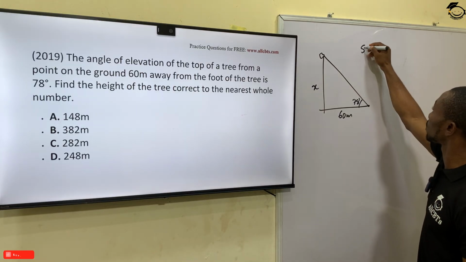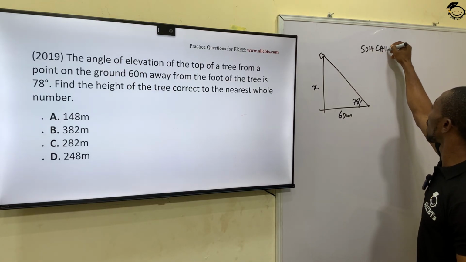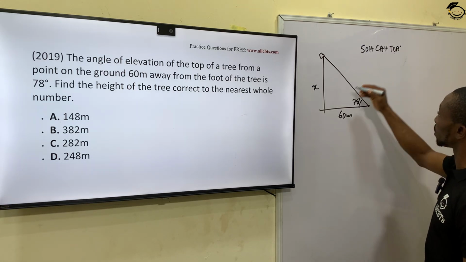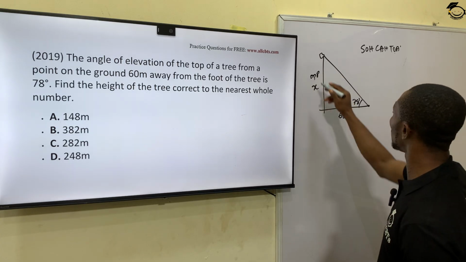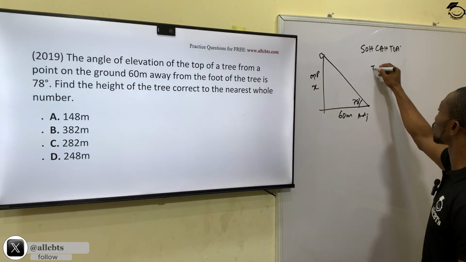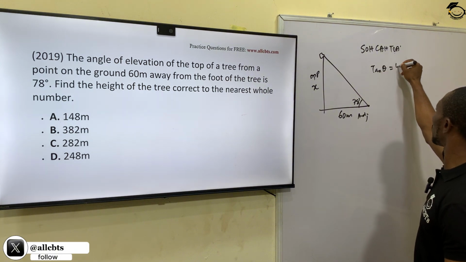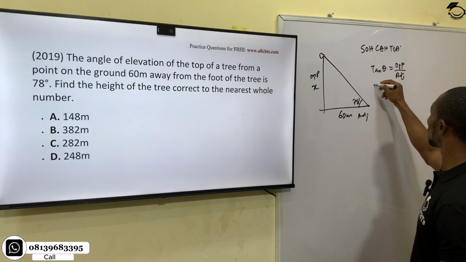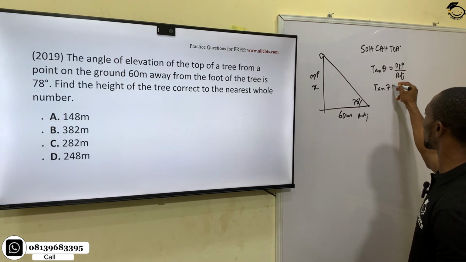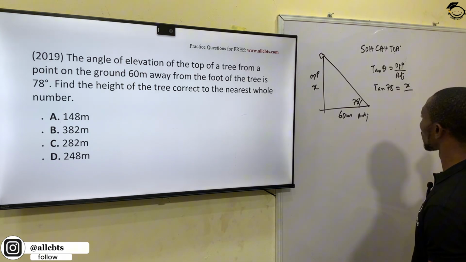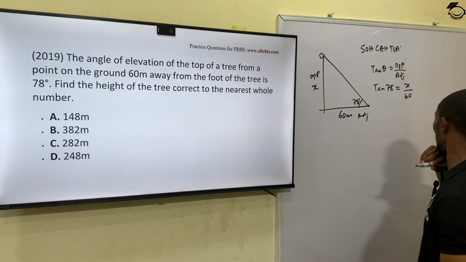Now, applying our SOHCAHTOA rule, where we have opposite, in this case we have opposite and adjacent. So we'll be applying tan. So tan theta equals opposite over adjacent. So tan theta in this case is 78 equals opposite, which is x, over adjacent, which is 60.